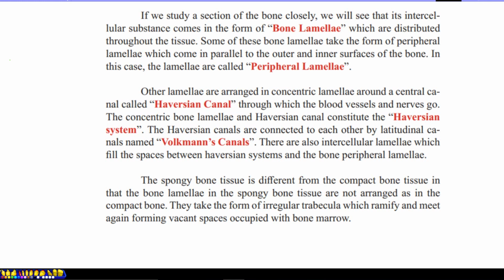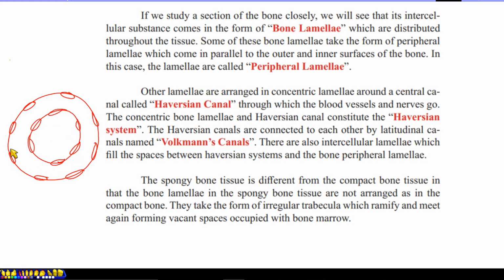If we study a section of a part of compact bone closely, the intercellular substance in the bone is in the form of lamella. The lacunae, which contain osteocytes, are arranged in circles, but the solid intercellular substance of the tissue makes a layer which we call lamella.